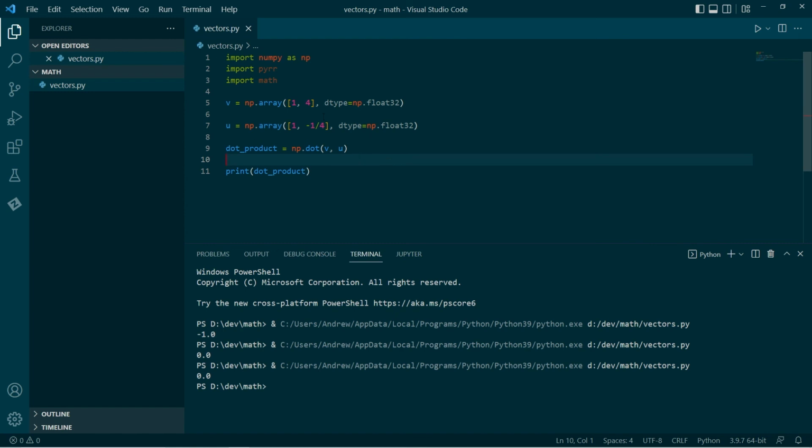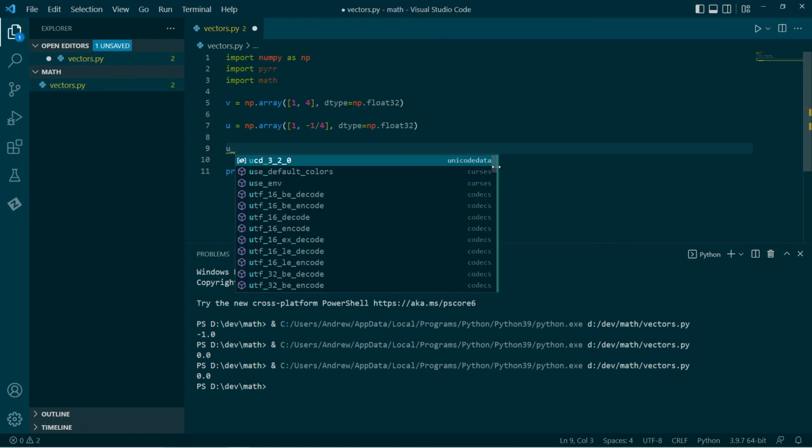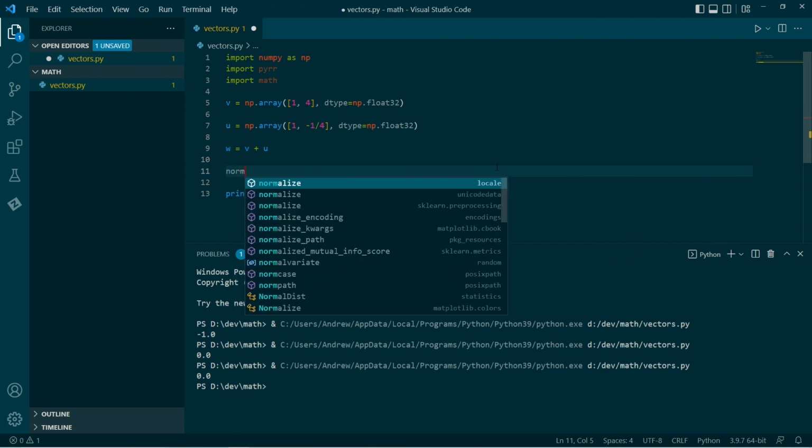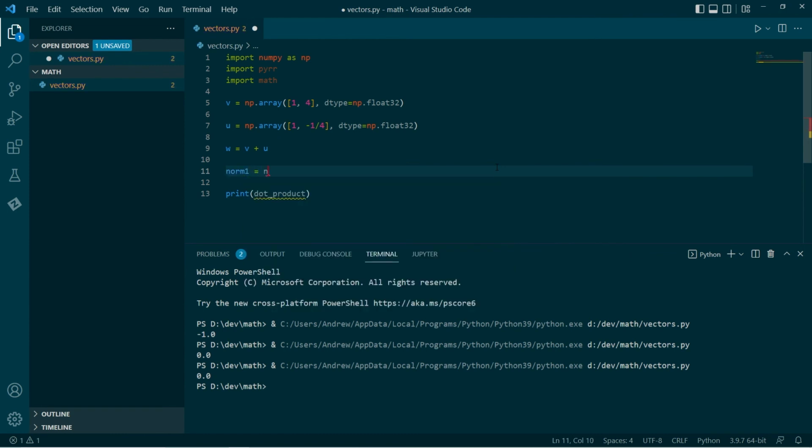So yeah, let me do the triangle inequality example. So we'll go u plus, oh, that's a bit much. Okay, and then the norm is the length of w.